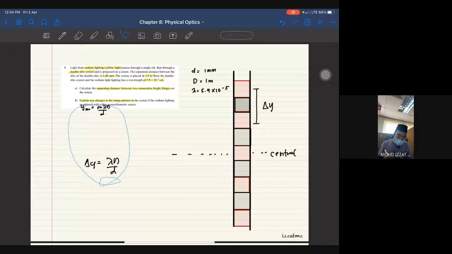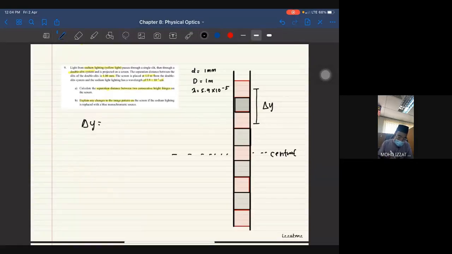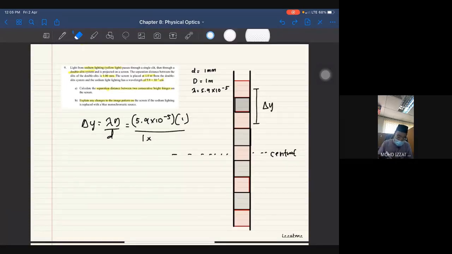So kalau delta y, kita kira balik. Berapa dapat dah kira belum? Delta y sama dengan lambda D over d. We try to use everything to be in SI unit. So tadi tu negatif 5 tu dalam cm, saya tukar terus dalam meter.